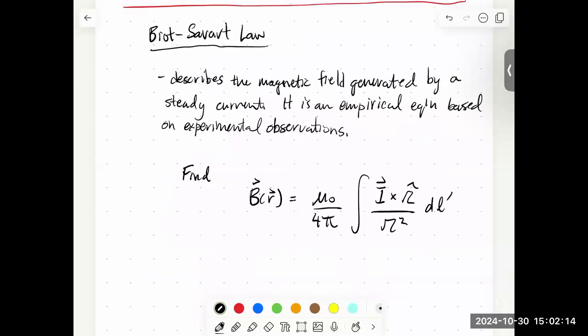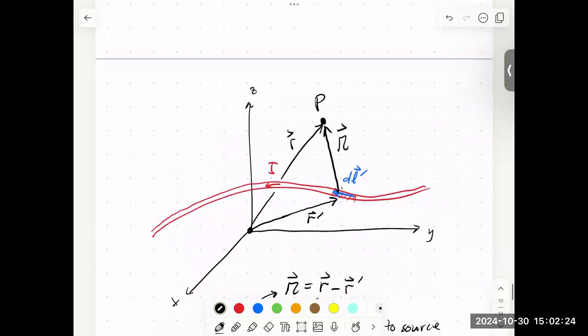This cross product is the one that tells us that the magnetic field is looping around the current. This 1 over script R squared says that the strength of the magnetic field falls off as 1 over the square of the distance from source to observation point.